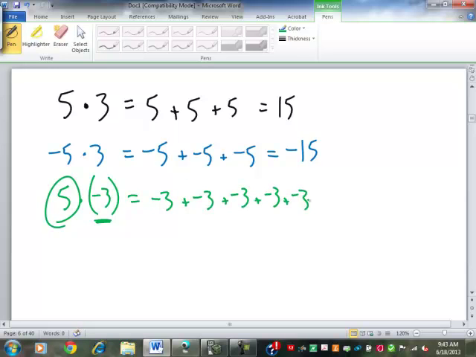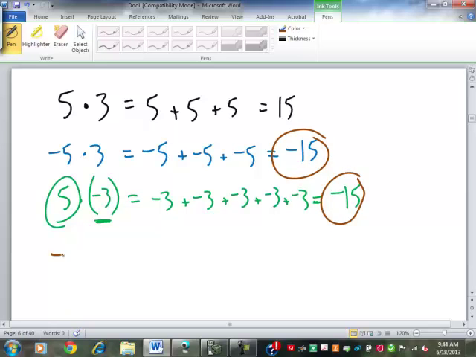And the result will be, again, negative 15. We've all been taught those rules of when you multiply a positive times a negative or a negative times a positive, the result will be negative.